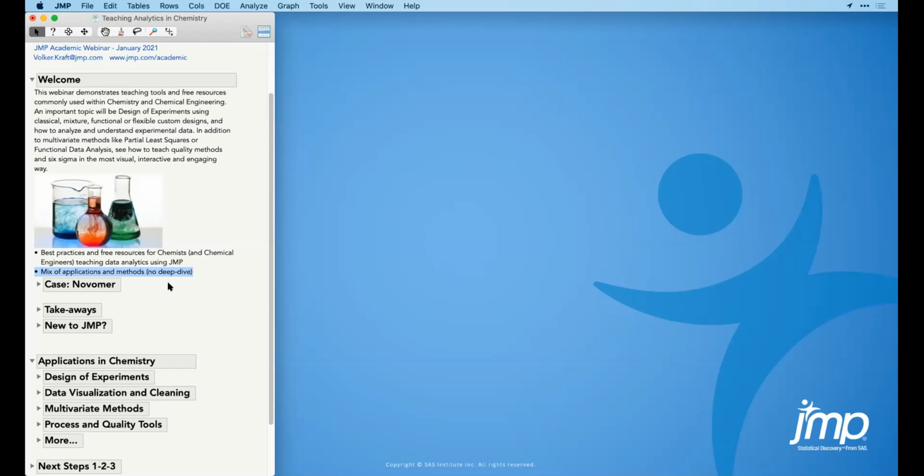So today, this won't be a deep dive, neither into how to use JMP, a software training, nor into any specific method today, but we will get an overview about a range of applications, and that's what's planned for the next hour.